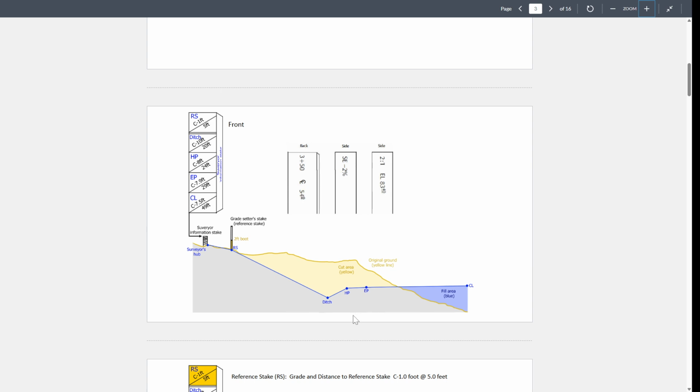A 10th of a foot, 0.1. It's 5 feet further, so it's 5 divided by 0.1.